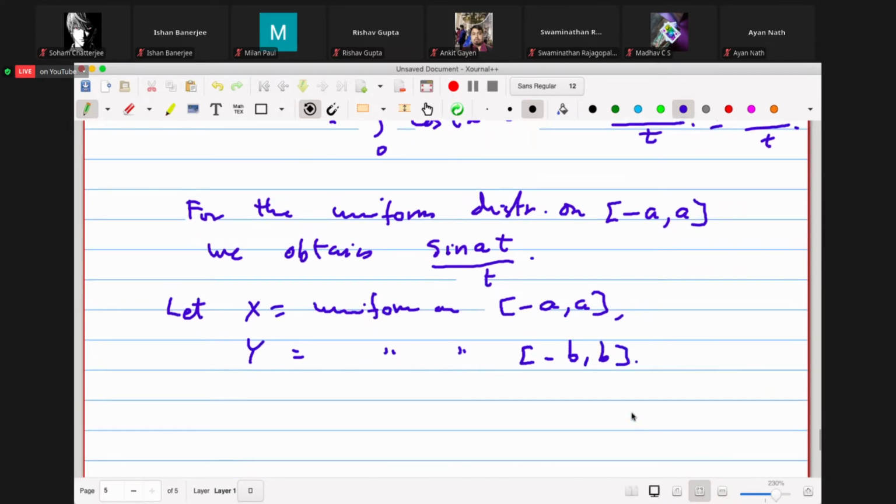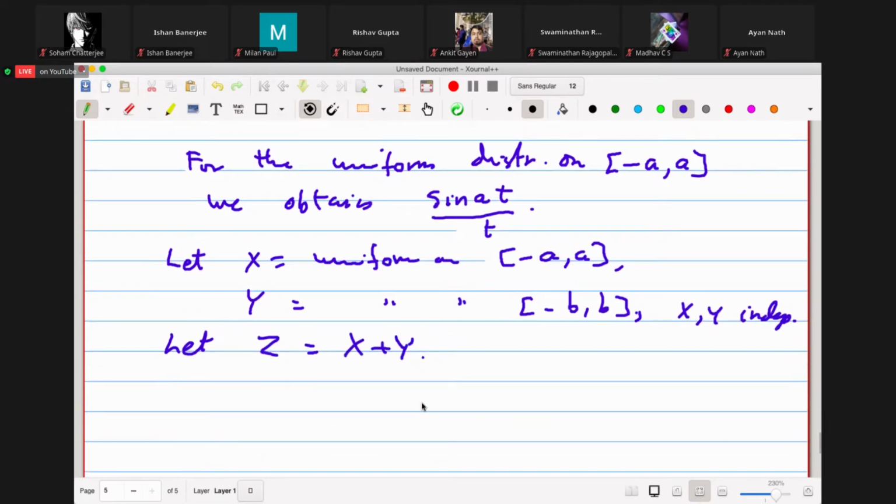Then let Z be this, where X and Y are independent. So you take such distributions, X uniform on this, Y uniform on this, in such a manner that X and Y are independent. Then let Z equal X plus Y.